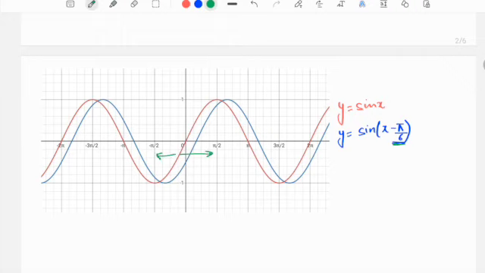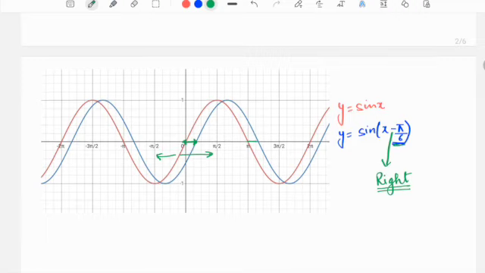It's a subtraction. So subtraction means it will move towards the right side. Okay, so here it has moved pi over 6, so it has moved 30 degrees. Okay, so here you can see it has moved 30 degrees to the right.